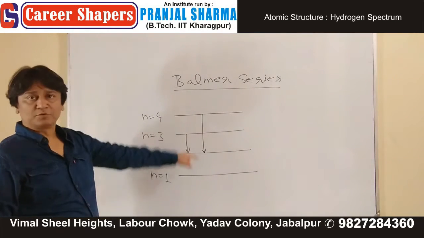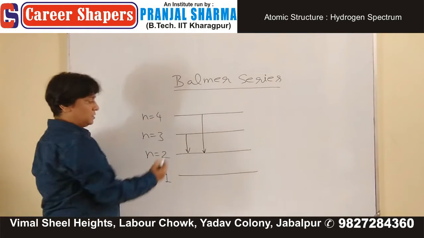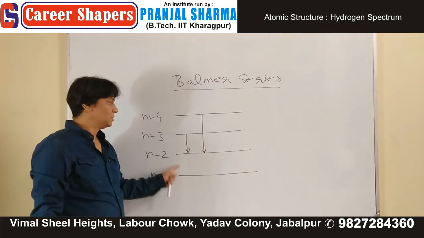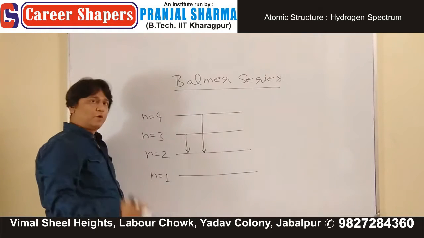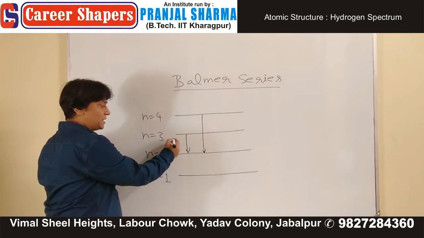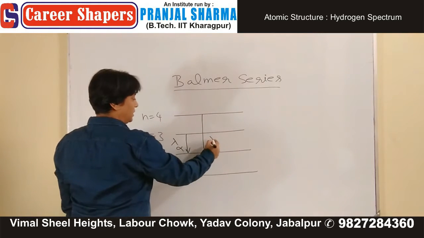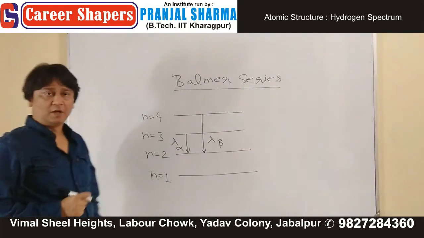That's how these jumps will take place. This one is lambda 3-2. This is lambda 4-2. We also give them special names like lambda alpha, lambda beta, lambda gamma.